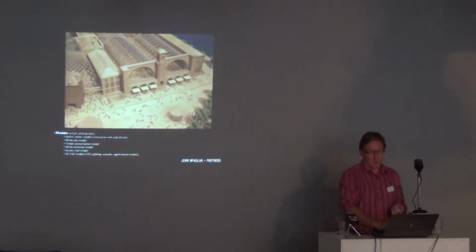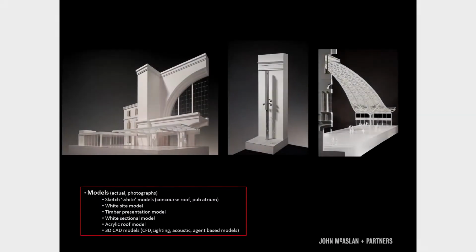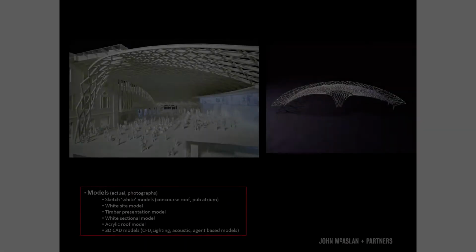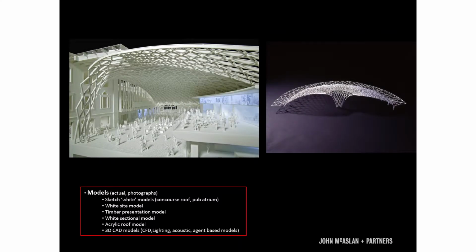And there is an archive of very, very beautiful models that document design work in progress, from presentation models to the white cardboard type working models that we would use as part of our design process, through to investigative models looking at sectional relationships in the concourse, for example.